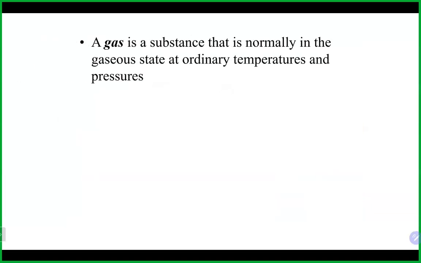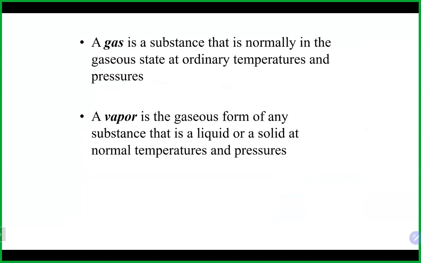Now, when we talk about gases, there is a difference between the word gas and the word vapor. When we refer to something as a gas, that means under normal conditions, we would expect it to be in the gas state. A vapor, on the other hand, is something that under normal conditions is not in the gas state, but in a solid or liquid state, but can easily be converted into a gas. Water is a very good example of that.